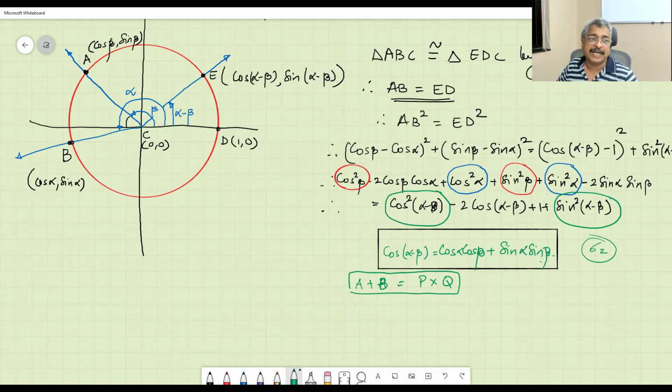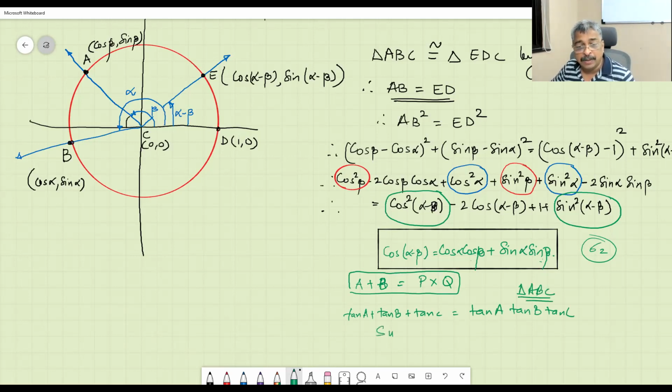And who will help us at that time? Trigonometry. Tan A plus tan B plus tan C is equal to tan A tan B tan C. We will prove this for triangle ABC. This is good.